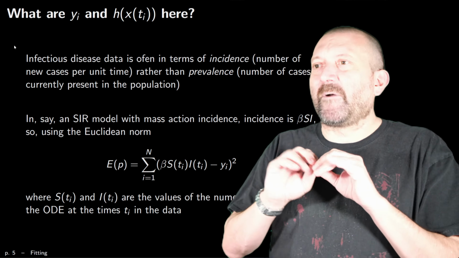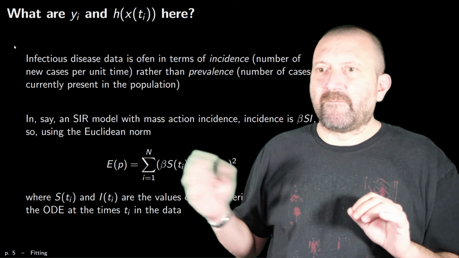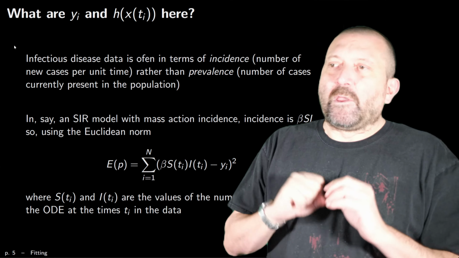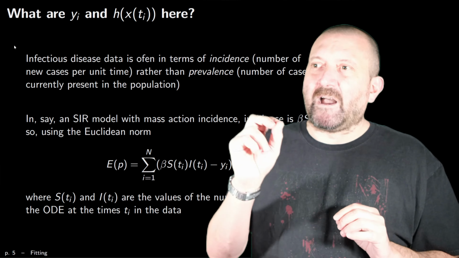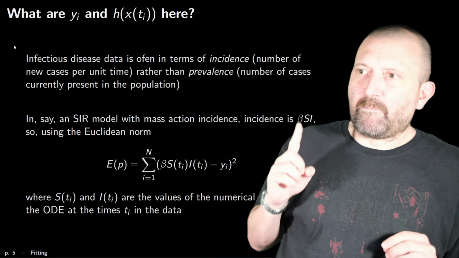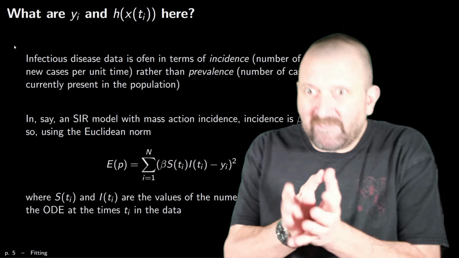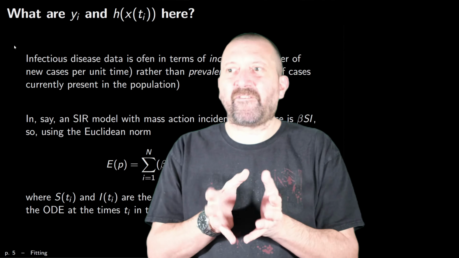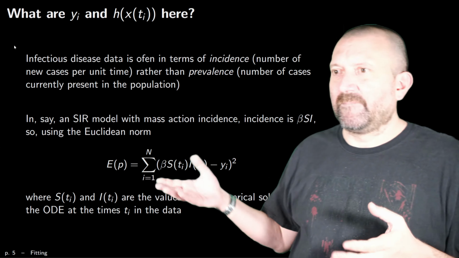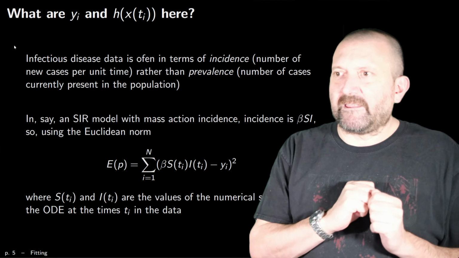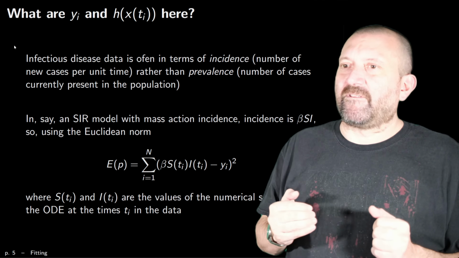So if you're thinking about an SIR model, for instance, you don't have access to I of t. You have access to beta S I, because beta S I at a given instant in time is the rate at which new cases are generated. So beta S I is the incidence.